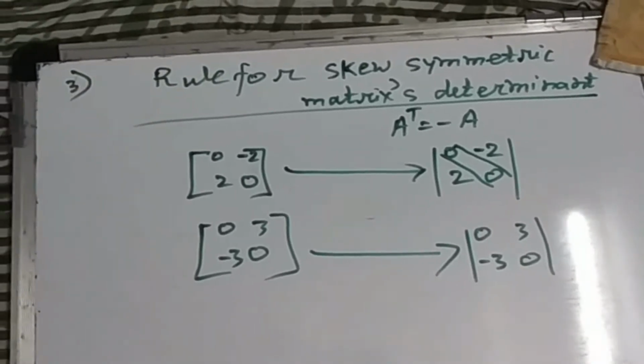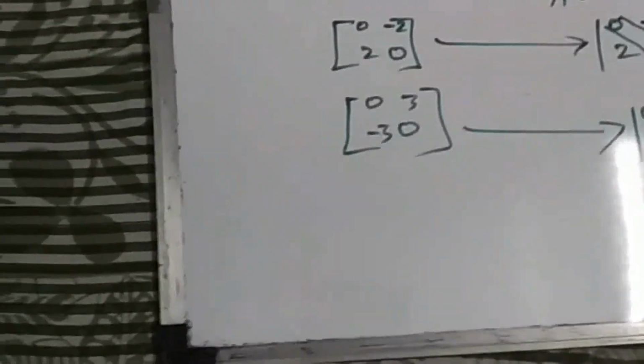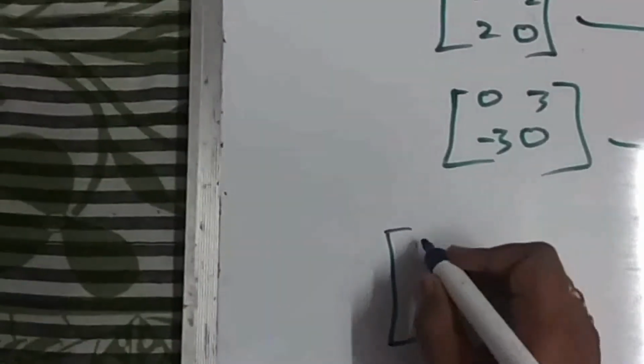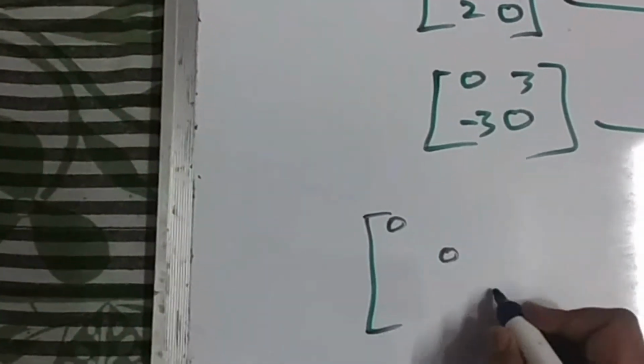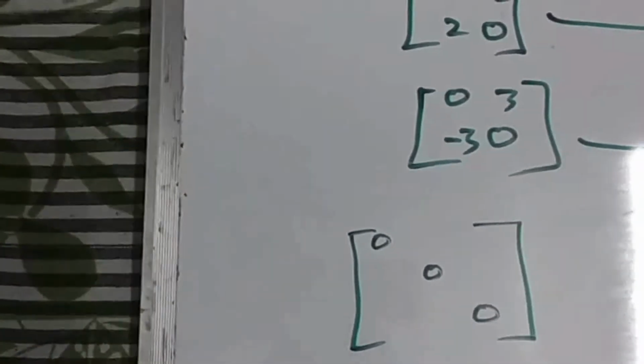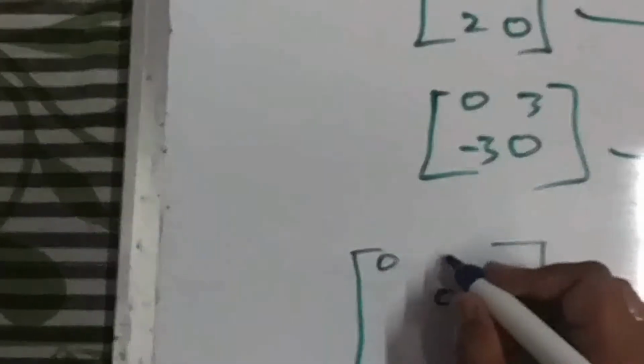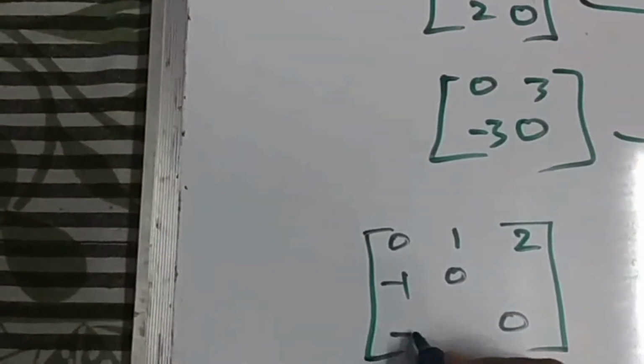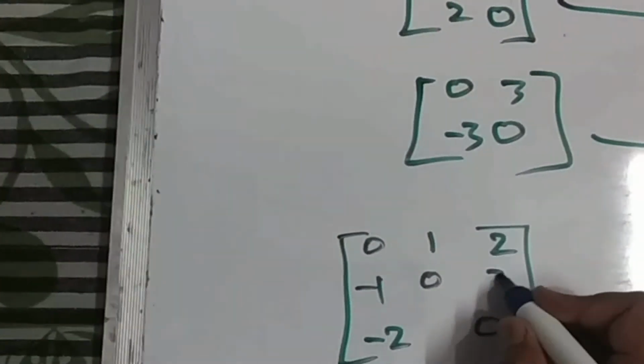And for the 3 into 3 matrix, if it is skew symmetric, first you will write the diagonal elements as 0. After giving diagonal elements 0, suppose here is 1, then here is -1. If it is 2, then here is -2. If it is 3, then here is -3.